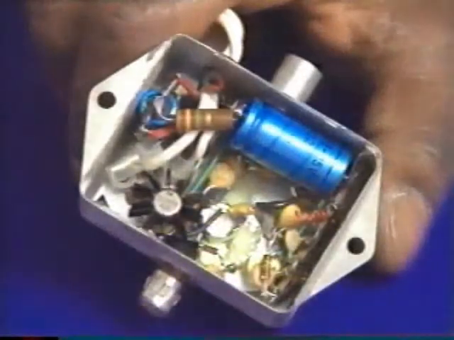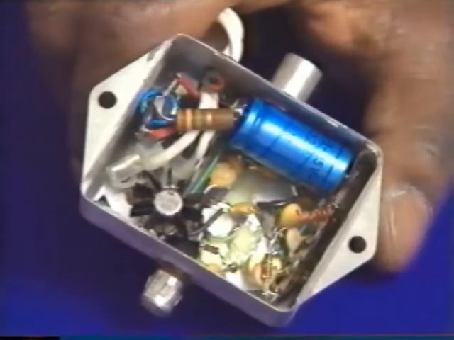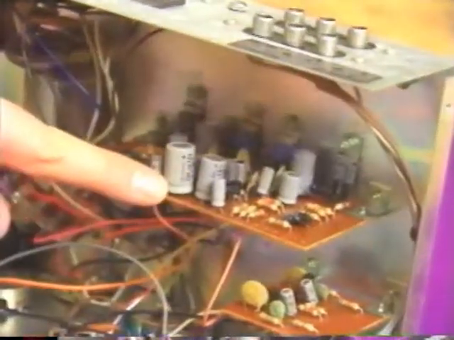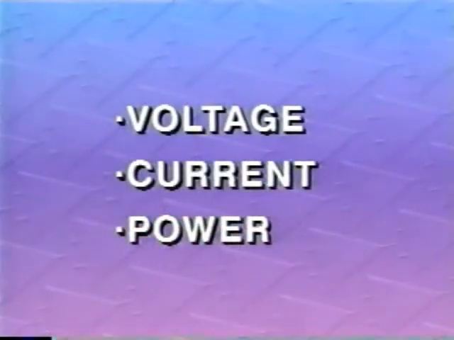It may have only one active device, such as the single-stage preamplifier, or be multi-staged, comprised of many devices, as in the case of this stereo amplifier. Amplifiers may be any one of three basic types: voltage, current, or power. Op-amps are the voltage type.